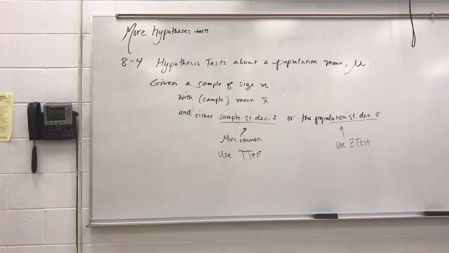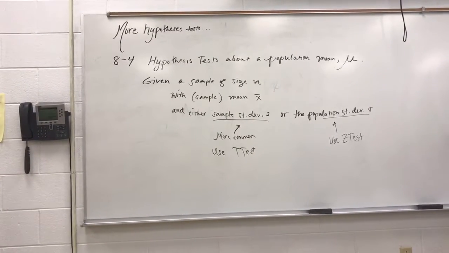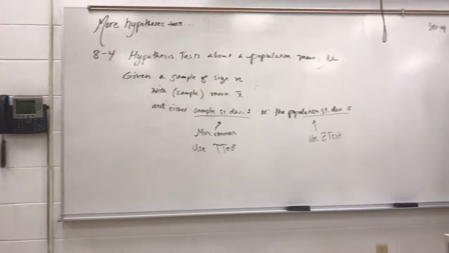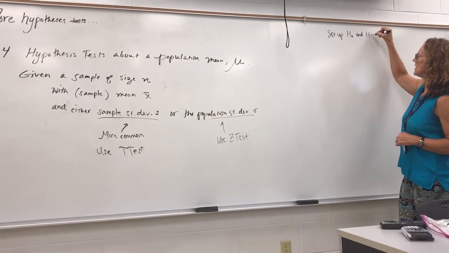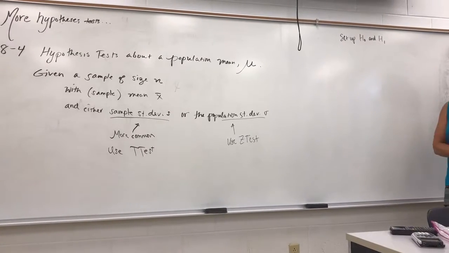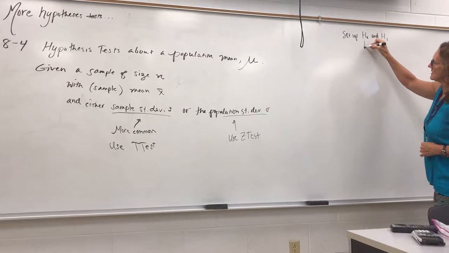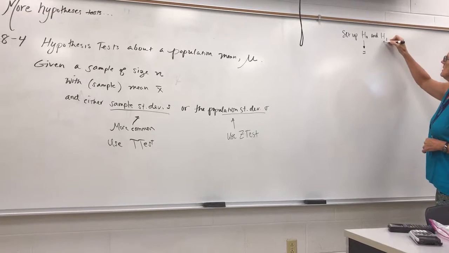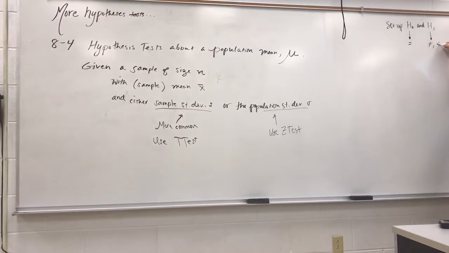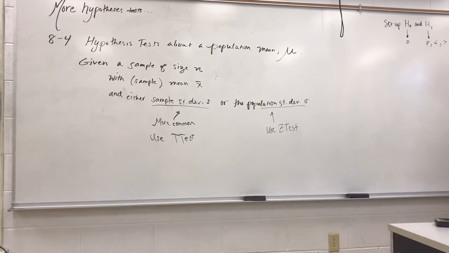But in each case, just like last time, you're going to set up H0 and H1, your null hypothesis and your alternate hypothesis. Remember that the null hypothesis always has equality. The alternate hypothesis is going to be either not equal, less than, or greater than.